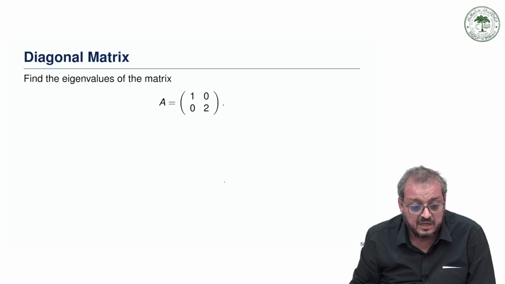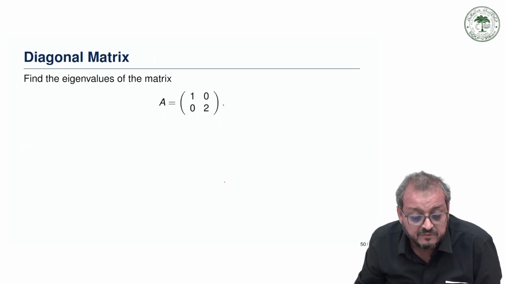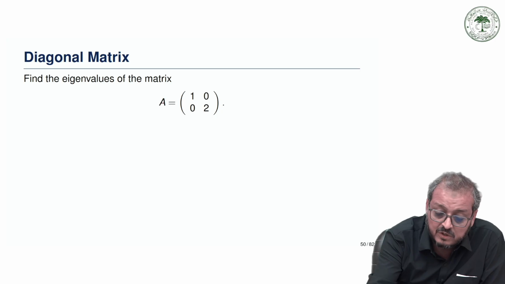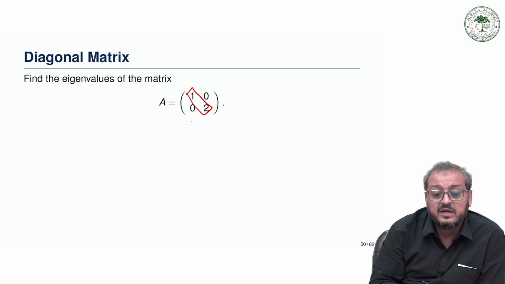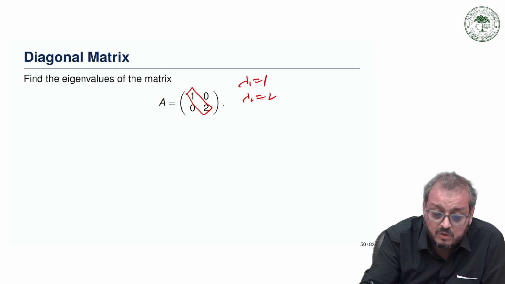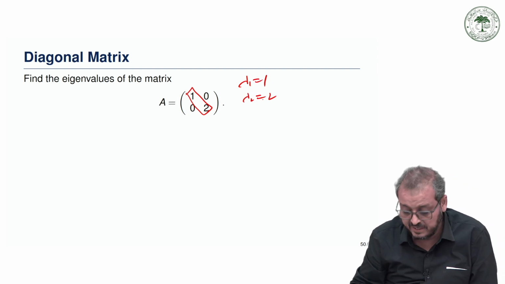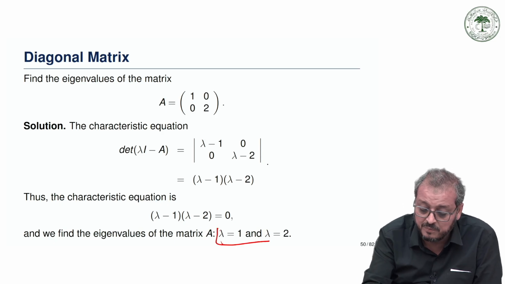Now let us take a diagonal matrix. For a diagonal matrix, by the theorem, the diagonal elements are its eigenvalues. So lambda 1 is equal to 1 and lambda 2 is equal to 2 are the eigenvalues of this diagonal matrix. Since the theorem already gives this, there is no need to calculate here.